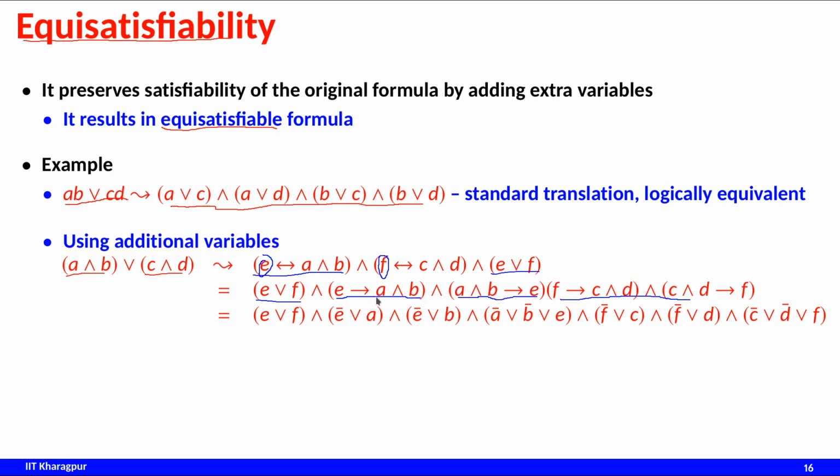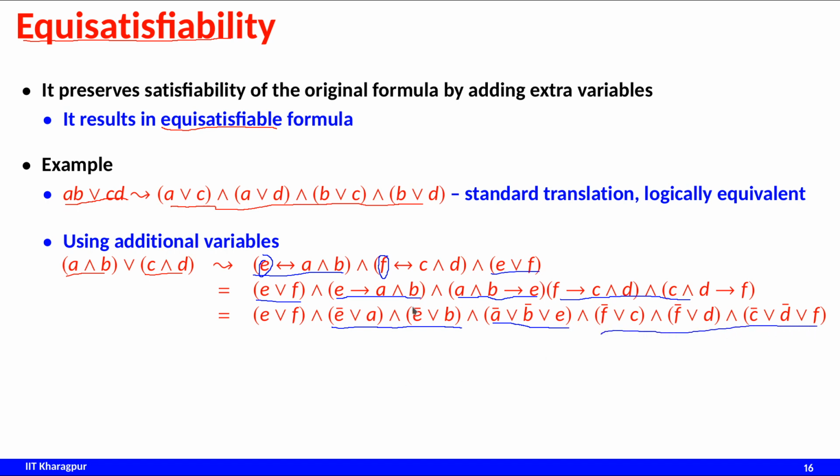And now I can convert this expression into the CNF form, that it will be not E logical or with A and B, that we can convert in this manner, not E or A and not E or B. And similarly, when we convert these to the CNF form, then I will have not of A and B or E, and when we push not inside, or we use De Morgan's law, we get this expression. And similarly for the other part.